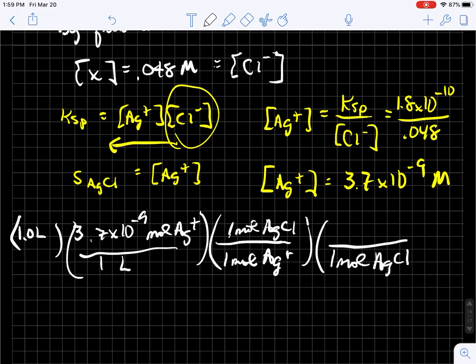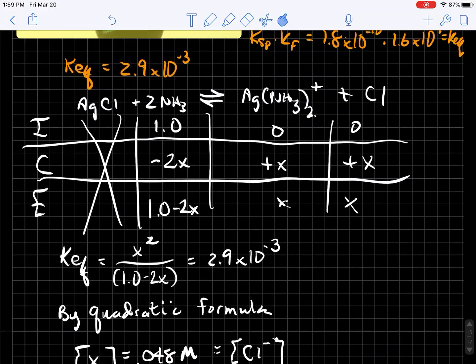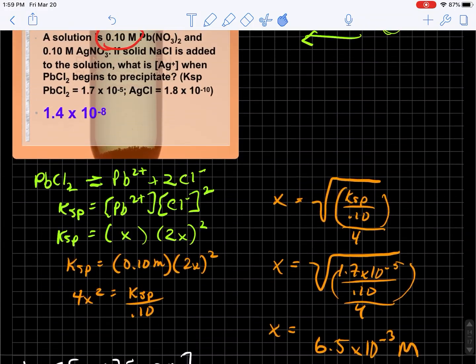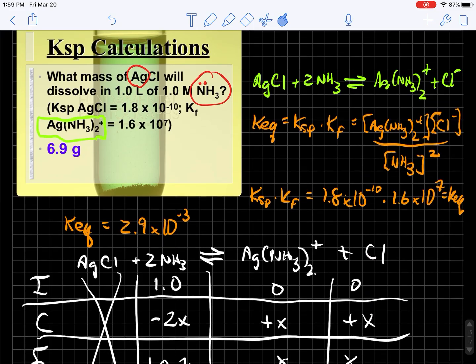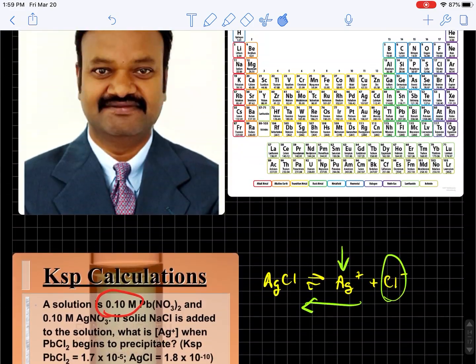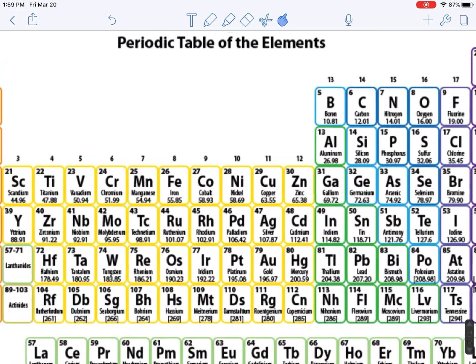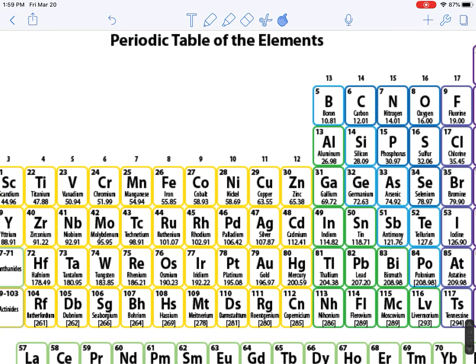And 1 mole of silver chloride has a mass of... Let's go back to our periodic table for a moment. There we go. All right, silver is 107.87, plus chloride, 35.453.